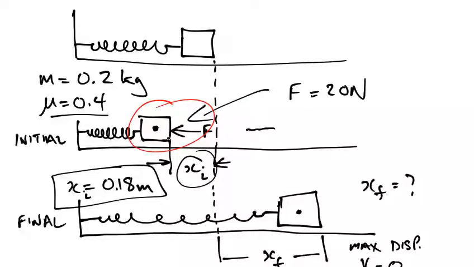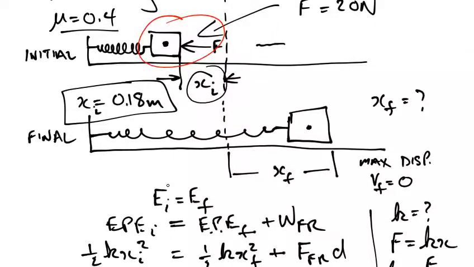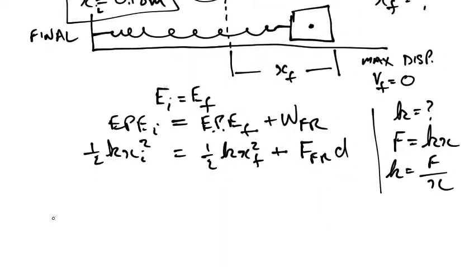But let me read the question again. It says where the coefficient of friction is 0.4. Let's delve into this a little bit deeper because it's a valid question.